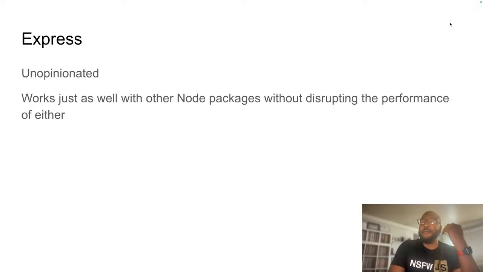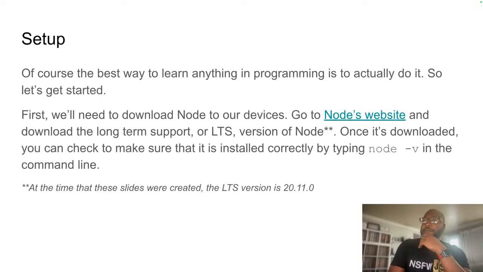Unopinionated. You can use any other Node packages without having to disrupt the performance of either one. So you can add any kind of Node package that you want on top of Express, or Express on top of another Node package, and nothing's going to get corrupted or disrupted.